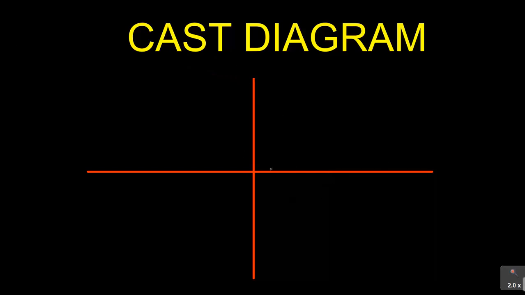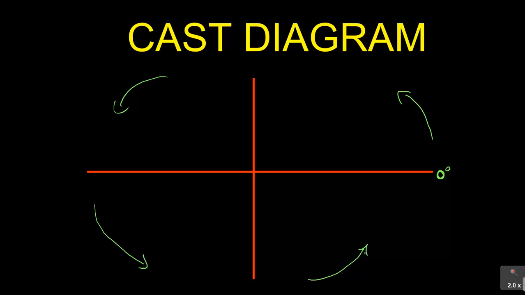So this is what we have. We have got our, I will call the quadrants. So what we have here, we have the beginning. This is 0 degrees. Now in trigonometry we move anti-clockwise, so this is the direction that we move. As you can see, we are opposing the clock, so this is the normal way of moving. So we move from 0 and then we go to 90 degrees.